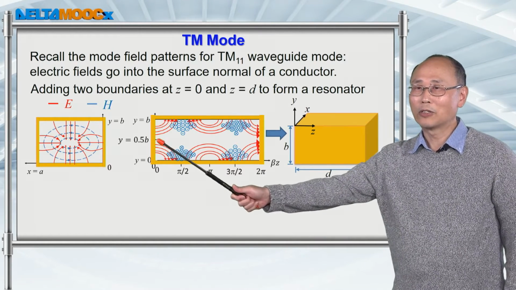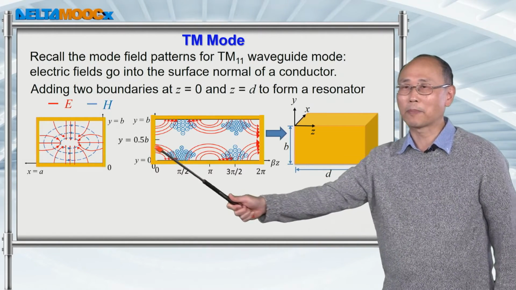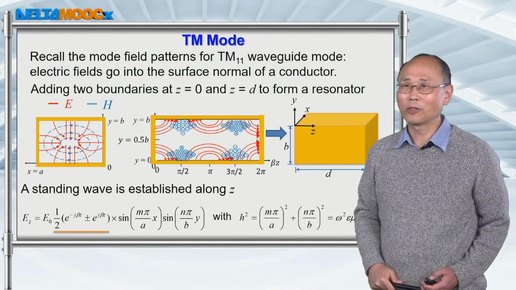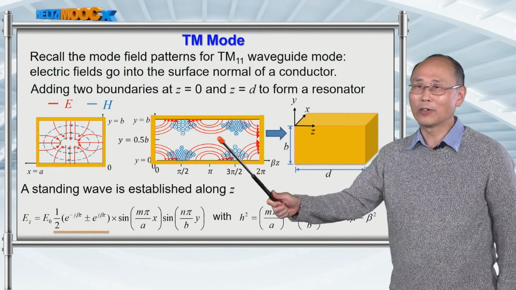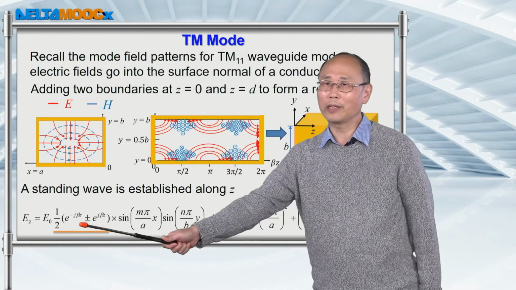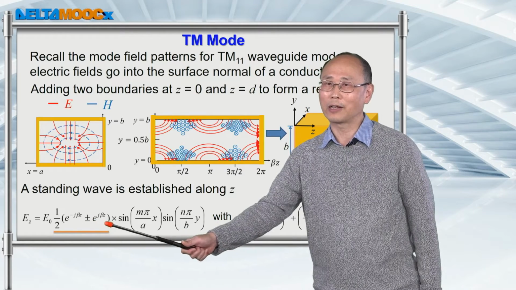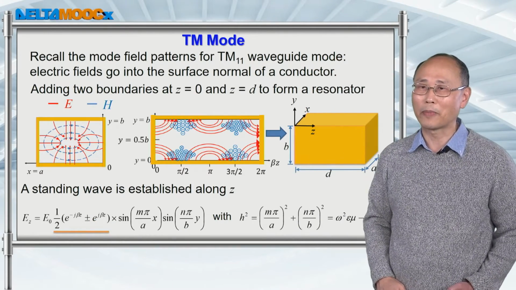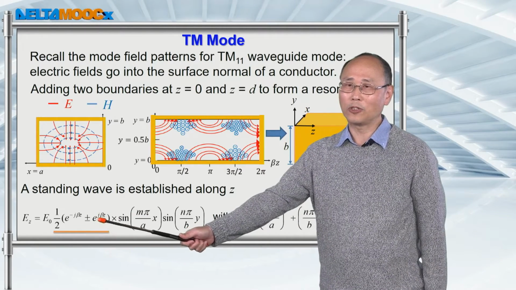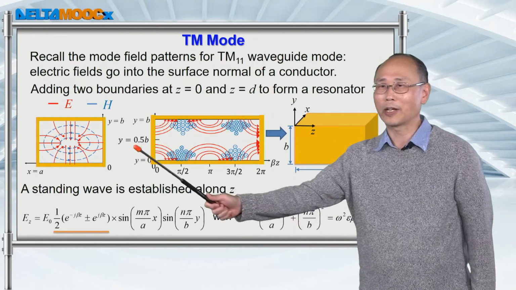Now, you put two boundaries along the Z direction, so you'll be expecting to set up some standing wave along this direction. So let's continue to write the waveguide mode field EZ and create two waves, one in the forward propagation direction along Z and the other in the backward direction along minus Z. So you do a superposition of these components to form a standing wave along this direction.